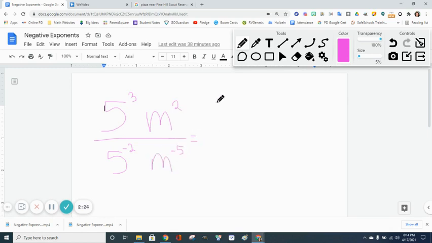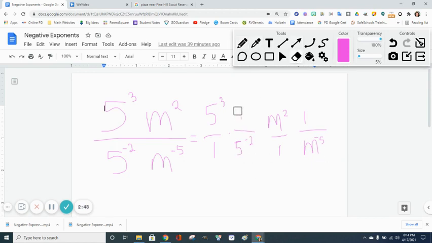I'm going to rewrite this like I did before using fractions. And now I'm going to take the reciprocal of both of my negative terms.